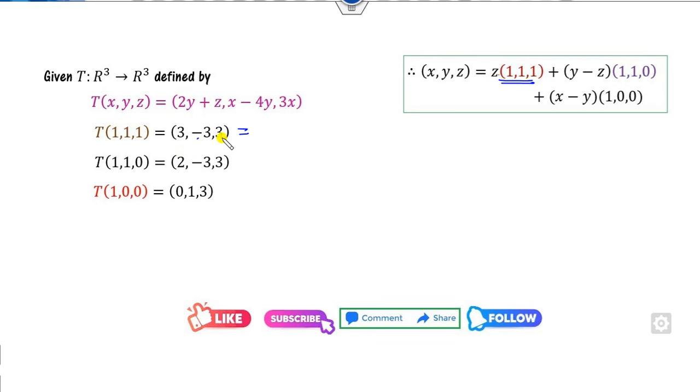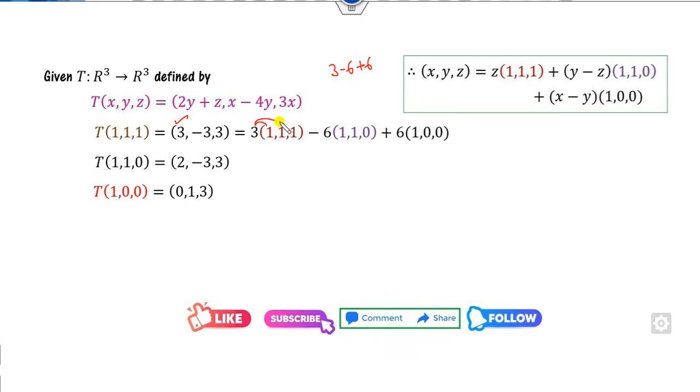Write this number with the help of this expression. It is my 3 into (1, 1, 1) plus y minus z. What is the y minus z? Minus 6, (1, 1, 0), plus x minus y, that is 6 times (1, 0, 0). You can always check your answer in your examination, like 3 minus 6 plus 6, 3.